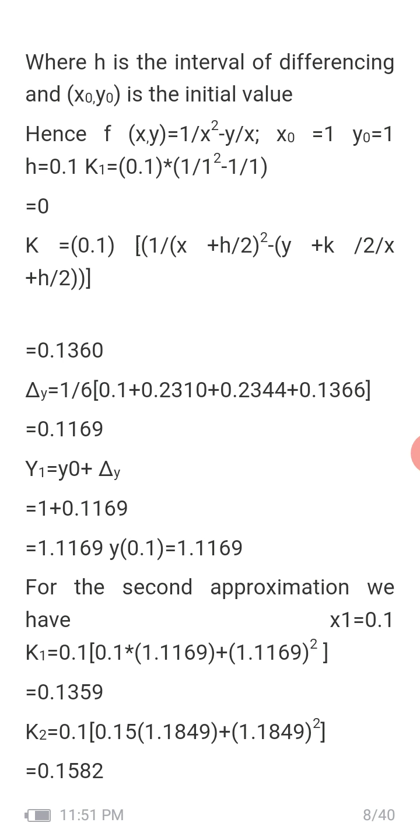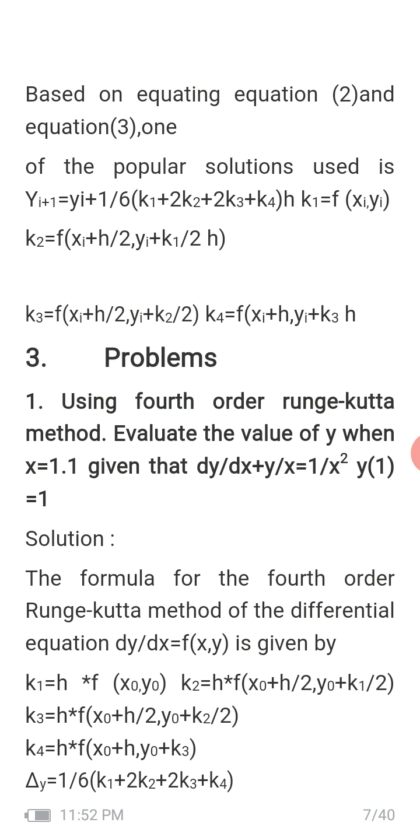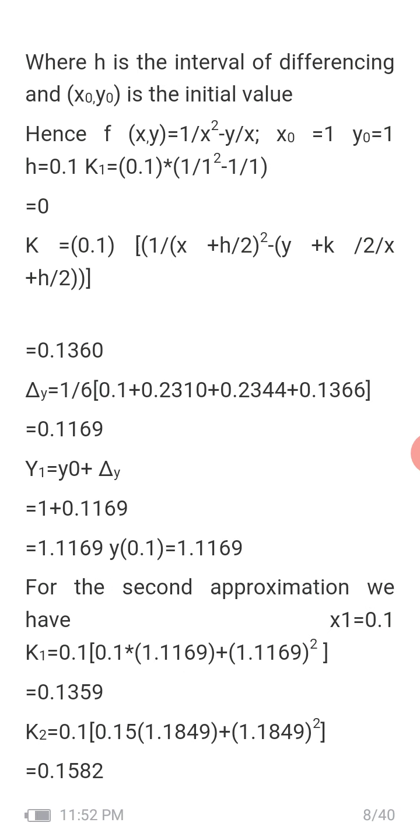We can calculate k1 using the formula, that is h into f of x0 comma y0. We substitute the values of h and x0, y0 in f of x comma y. We get the value of k1 equals 0.